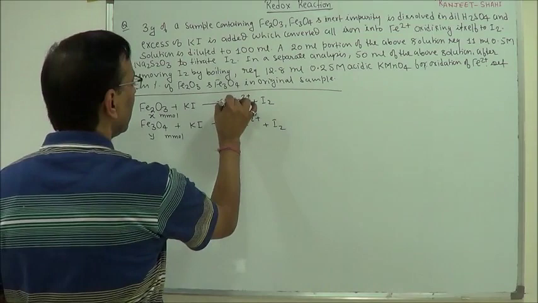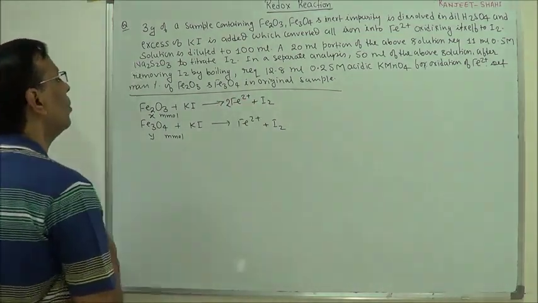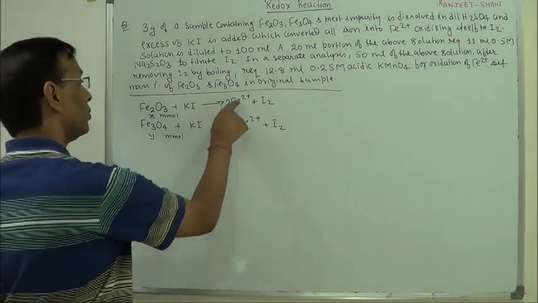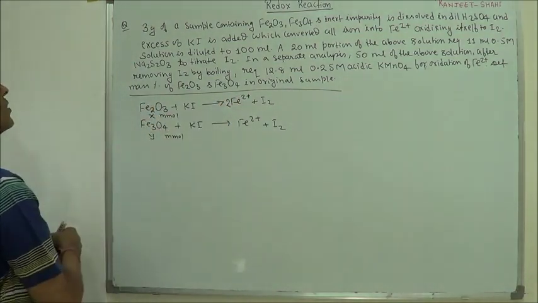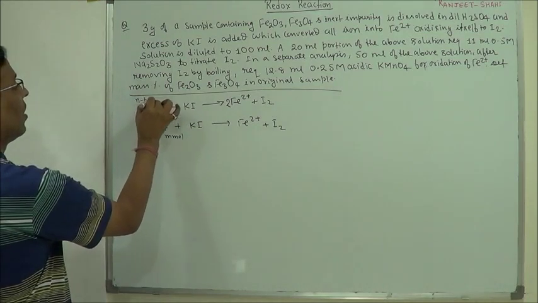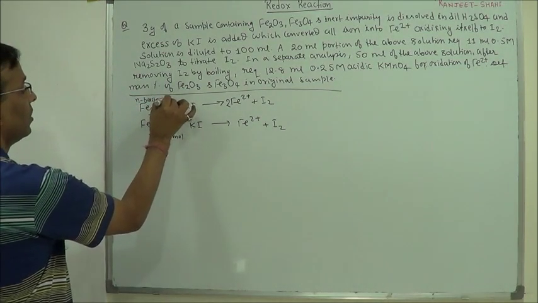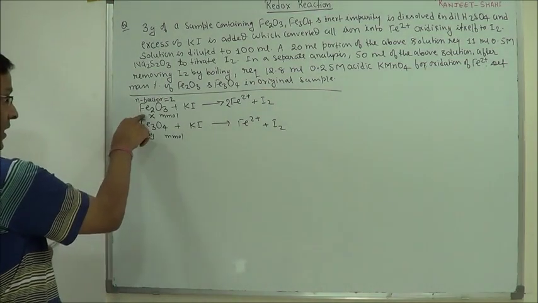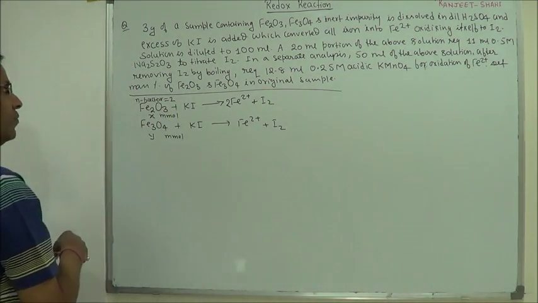On the right side, if we conserve the iron only, so 2 iron, 2 iron, so 2 into 2, plus 4 and plus 6, so the N factor here is 2.